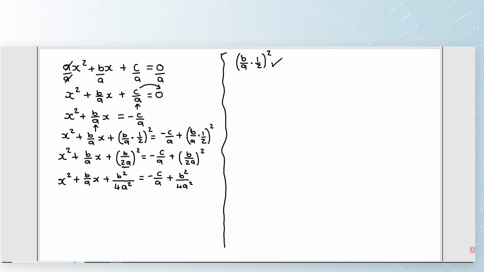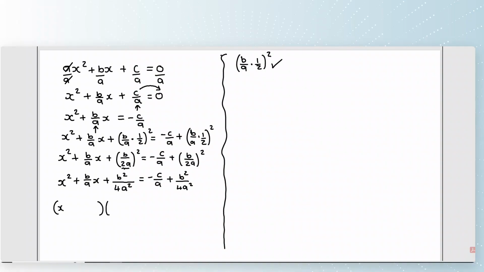So the factors are exactly the same. They are identical. Factorize x. What is the factor? The number inside the bracket before you square. So our factor is going to be plus b over 2a, plus b over 2a. Great. Equals minus c over a plus b squared over 4a squared.